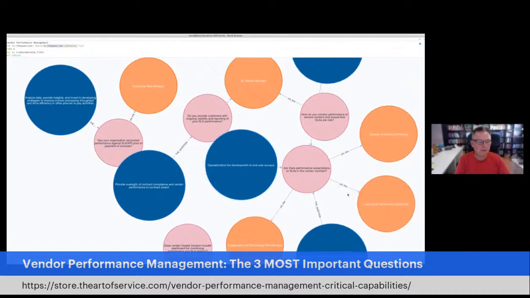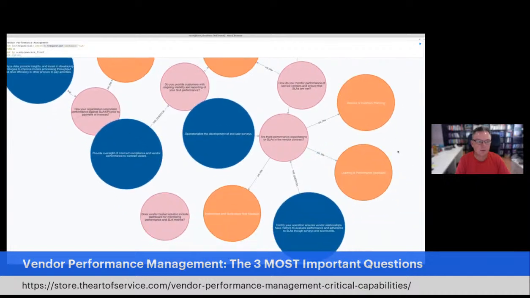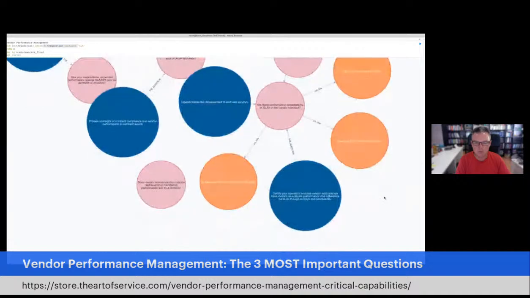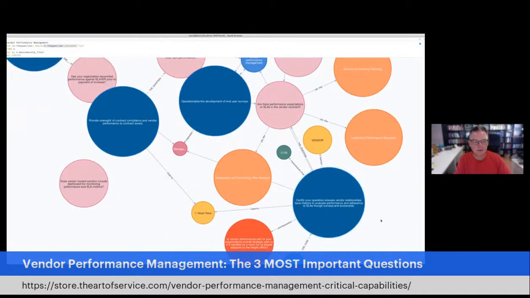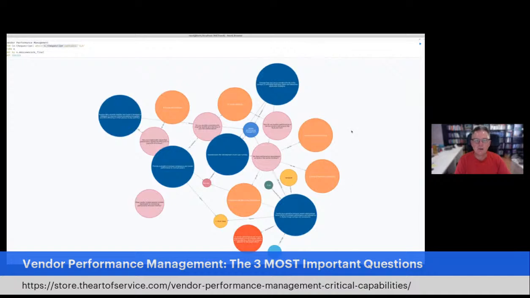Optimize the development of end user surveys, of end user measurements to ensure that your SLAs are being measured as well. Certify your operation ensures vendor relationships and they have metrics to evaluate performance and adherence to SLAs through surveys and scorecards. So here are all the details specifically towards SLAs, service level agreements.